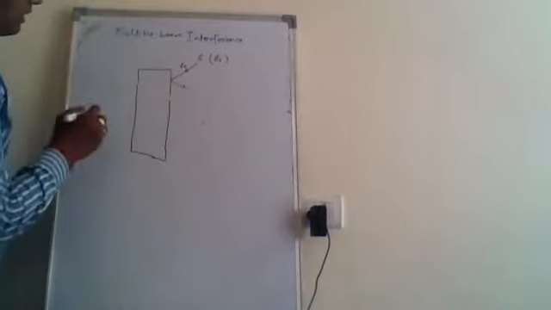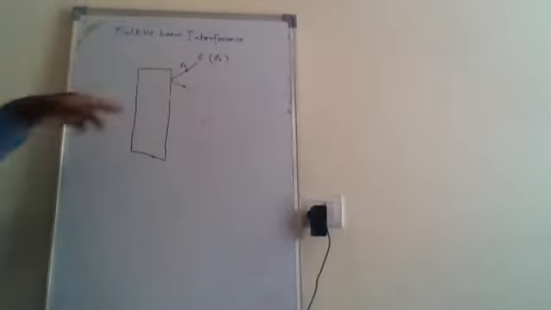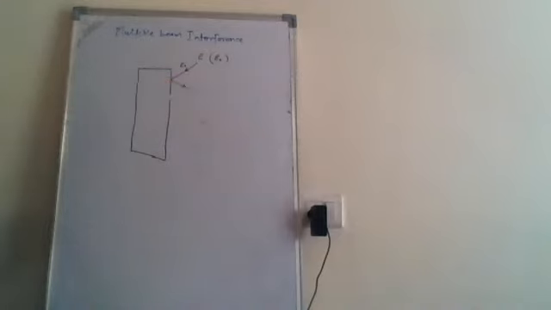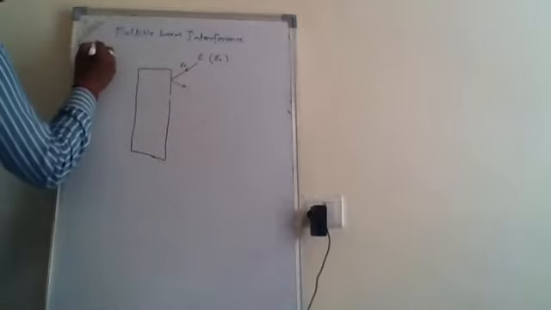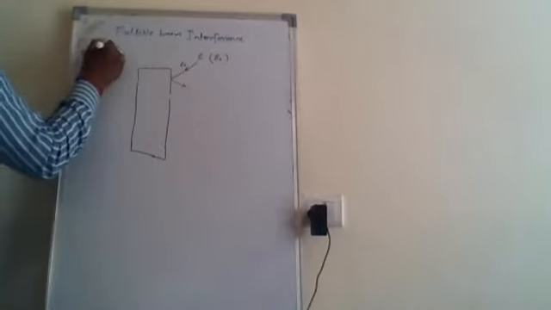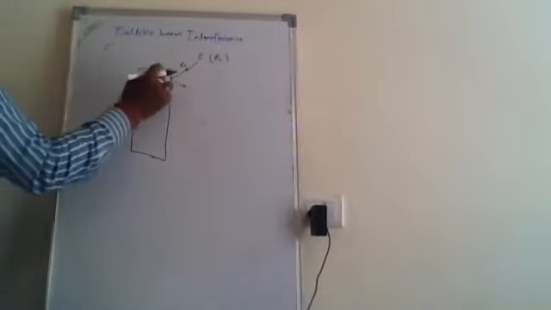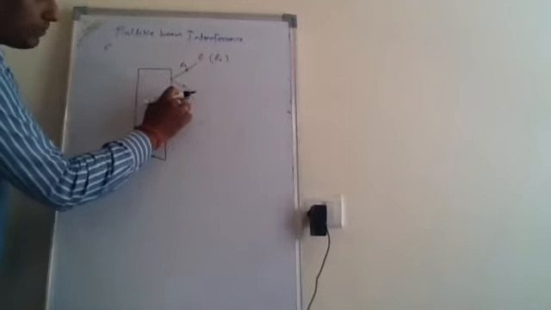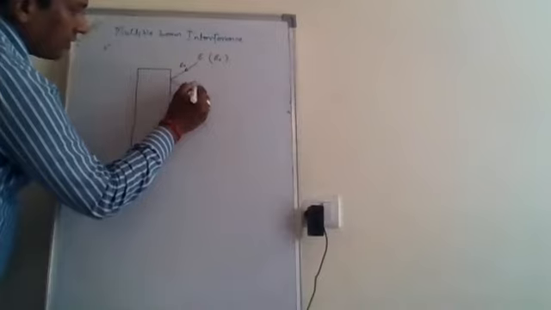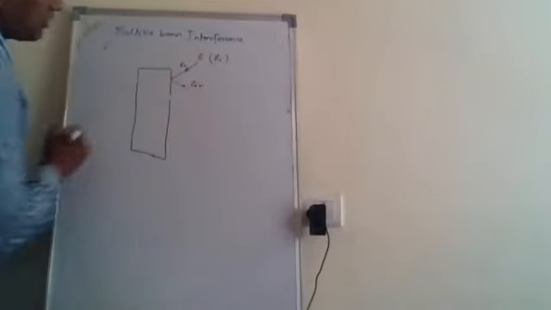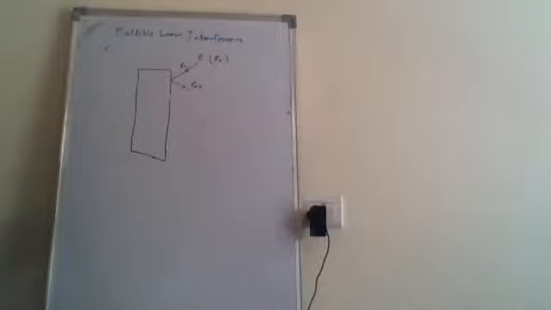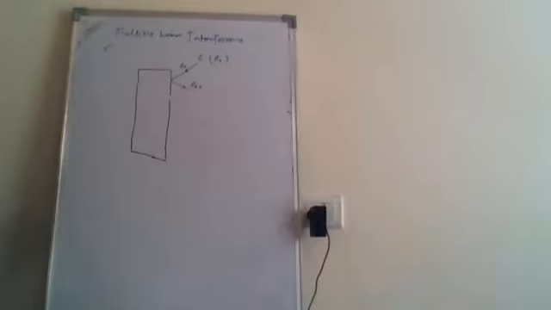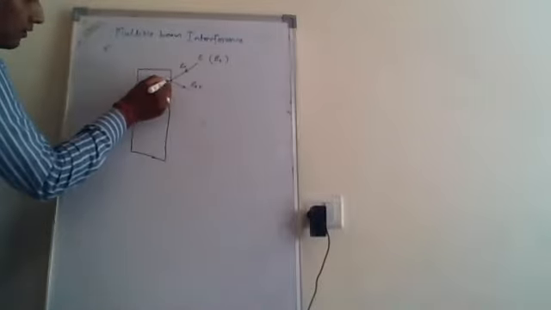Let's say the light is reflected from this surface, having the reflection coefficient R. R is the reflection coefficient from this surface, so the amplitude of this reflected light will be E naught into R. But we know that the light will also transmit, like this.